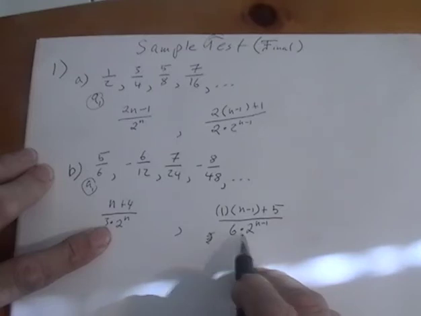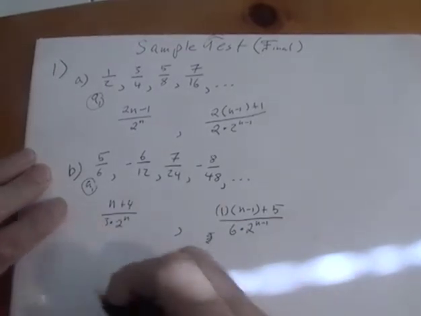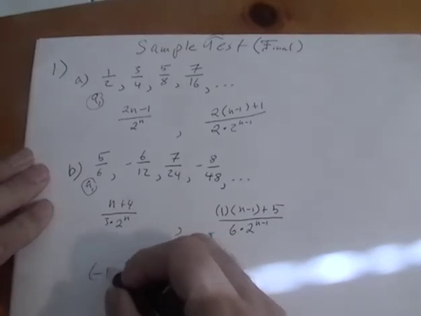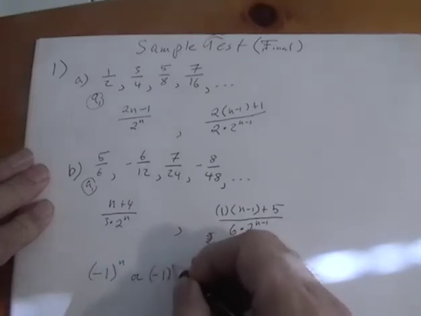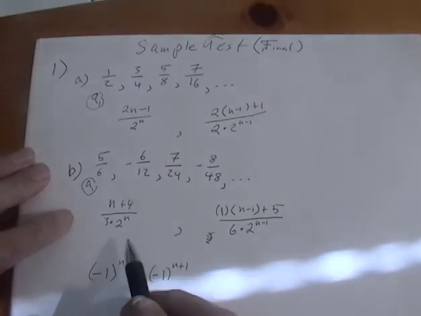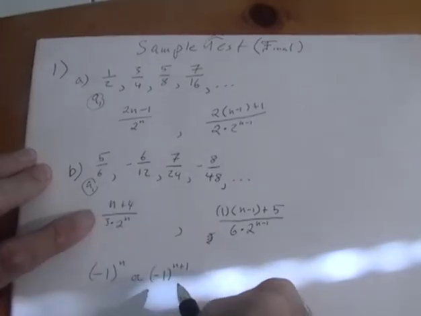Lastly, the alternating sign. Alternating sign is going to be either -1 to the n or -1 to the n plus 1. And I'll make that decision based on wanting to start positive and then turn negative.